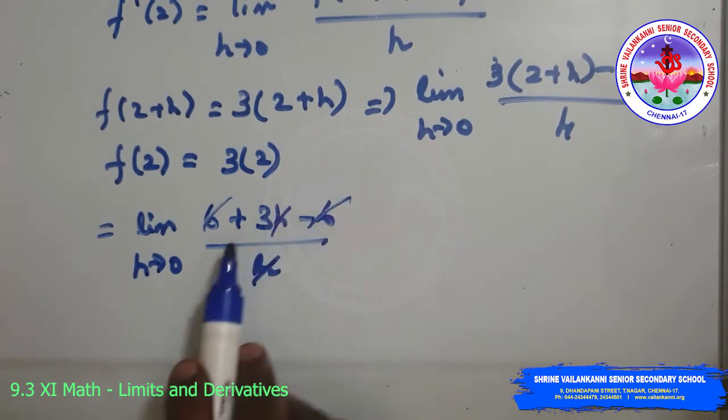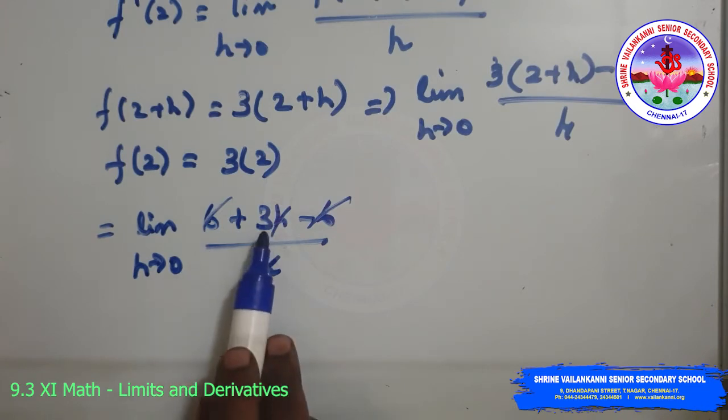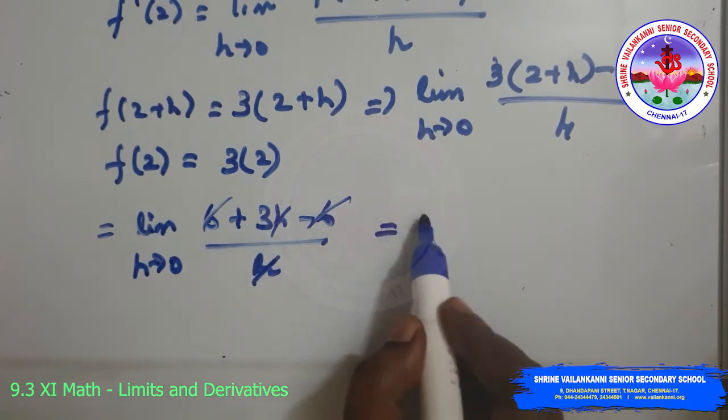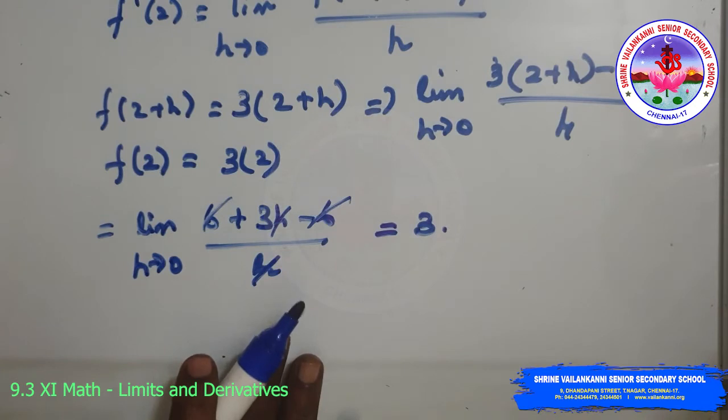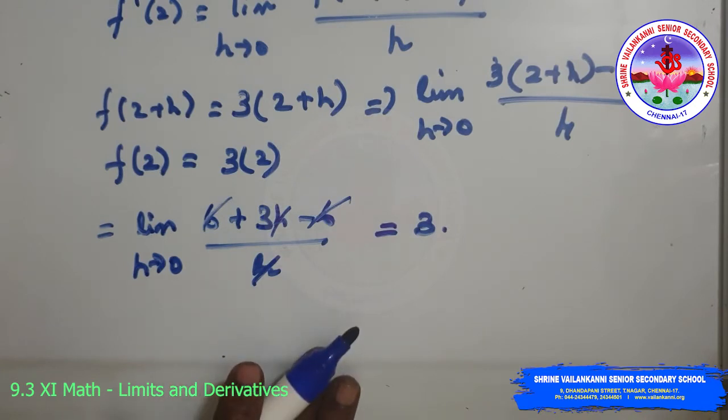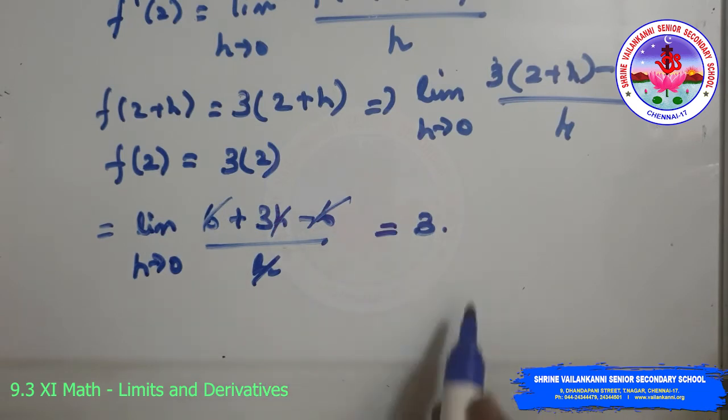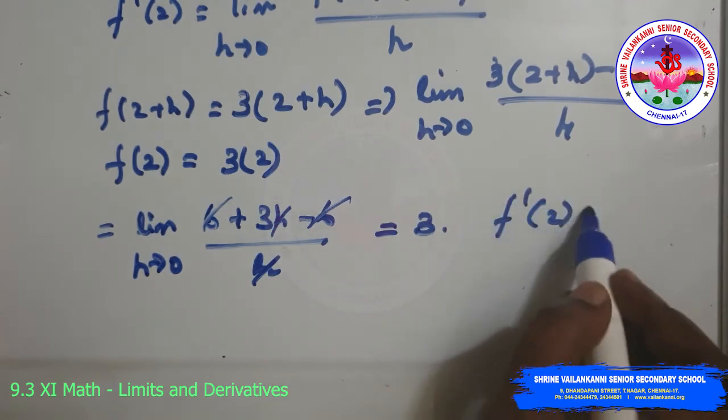So we have limit h tends to 0 of 3, which is equal to 3. So the derivative of the function f of x equal to 3x at x equal to 2 is 3. That is, f dash of 2 equal to 3.